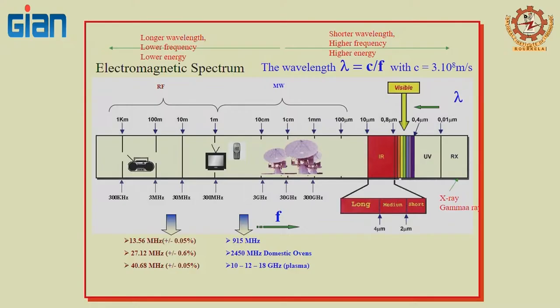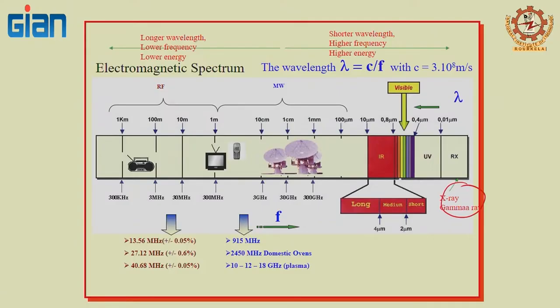This is part of the electromagnetic spectrum, and you should pay attention to it, because later on when we do radiation, you will also use the same spectrum. At one end of the spectrum you have X-rays, gamma rays, and so on. They have certain properties, certain wavelength, and certain frequency.